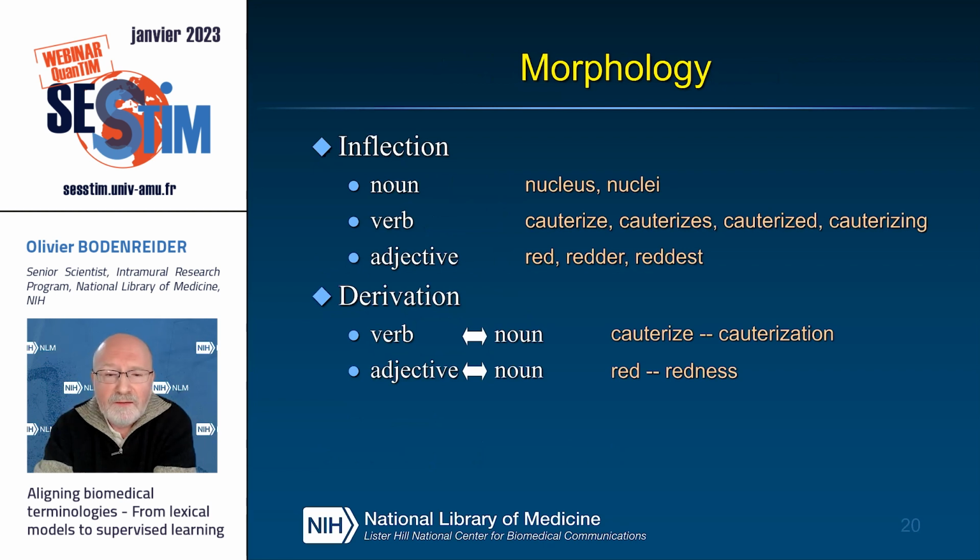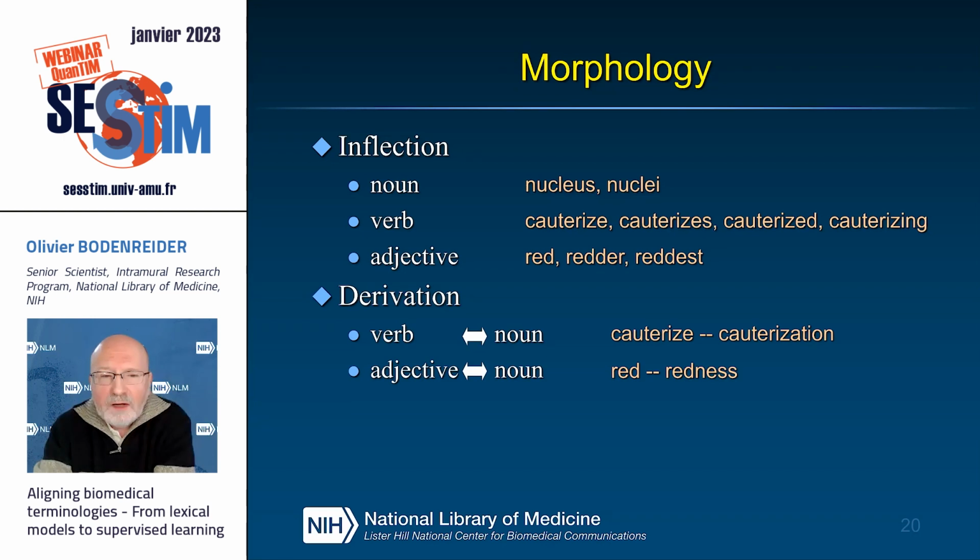I'm going to go through the next slides very, very quickly in the interest of time, and that's mostly for reference purposes. So this tells you that the SPECIALIST Lexicon encodes information about inflection. That's the singular and plural differences when it's for nouns.